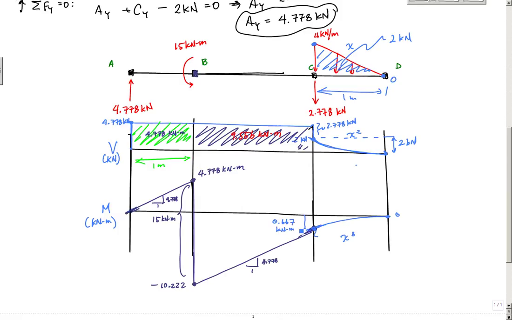And if I did everything correctly and go down to 0 here, which it should, let's see, this area should be the area of a parabola, which is 1/3 base times the height. In this case that's 1/3 times 1 meter times the height of 2 kilonewtons, and that gives me 0.667 kilonewton meters. So I go back down to 0, and that is my moment diagram.